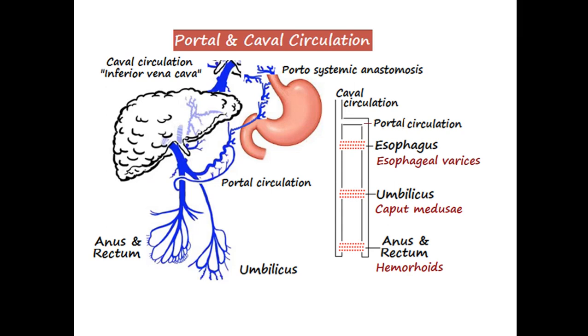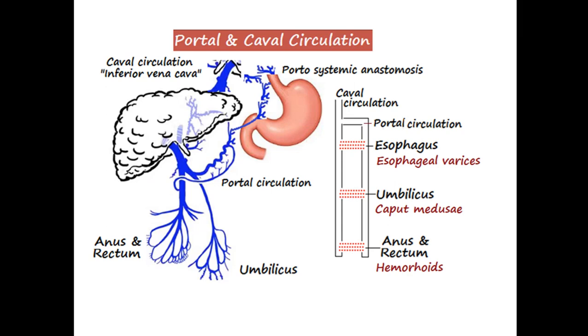The second communication between the portal circulation and the caval circulation is at the umbilical region. Normally, in the fetus, the blood from the placenta goes through the umbilical vein into the liver through the umbilical region, through the umbilicus.